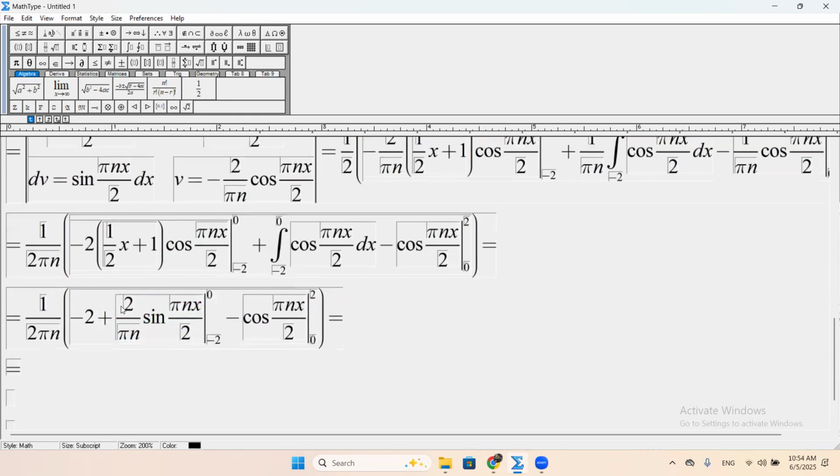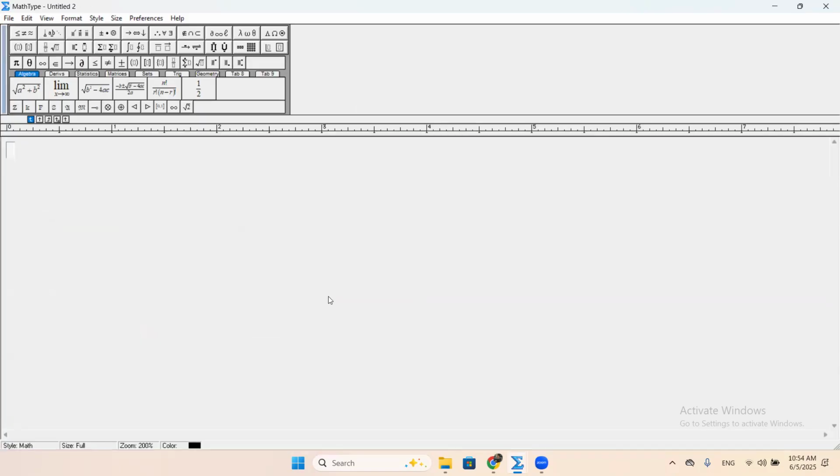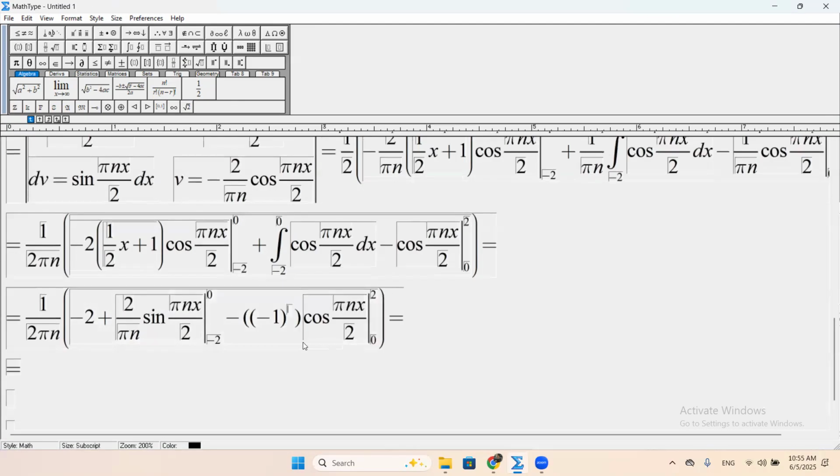And it obviously will be equal to 0. And what about cosine of pnx over 2? If I substitute 2, I will receive minus 1 in power of n. And if I substitute 0, I will receive 1.